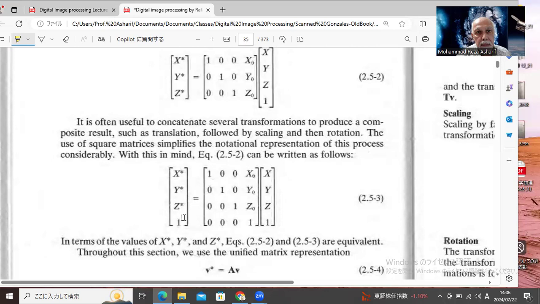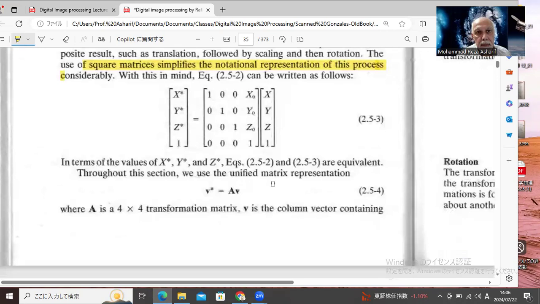The use of a square matrix simplifies the notation and representation of the coordinate transformation considerably.